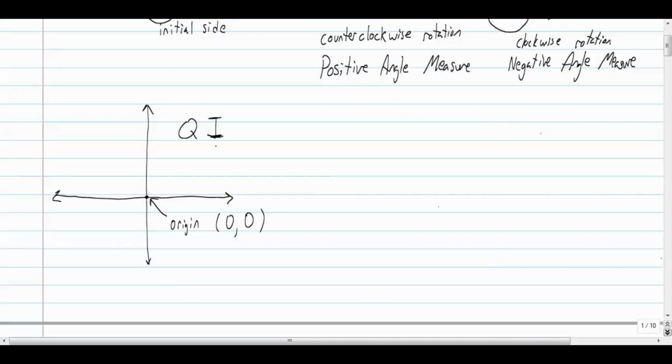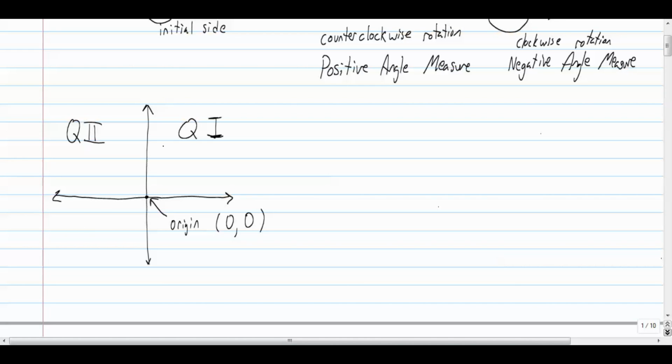Now if we go in a counterclockwise fashion to the top left-hand corner, we call that quadrant 2, a Q and a Roman numeral 2. You may also see just the Roman numeral written sometimes. That means it's that quadrant.